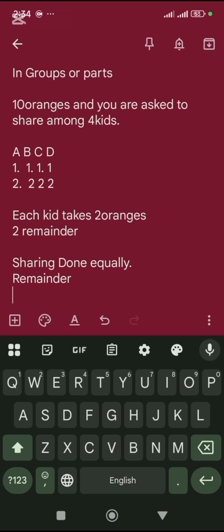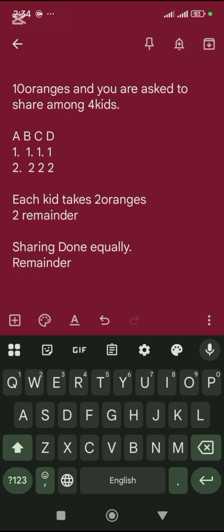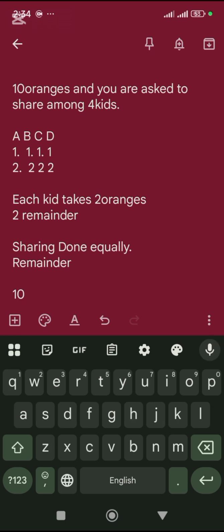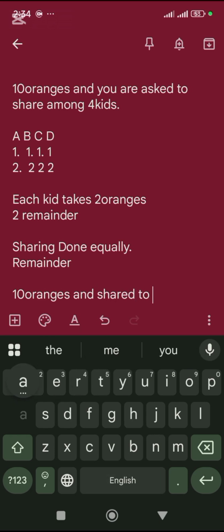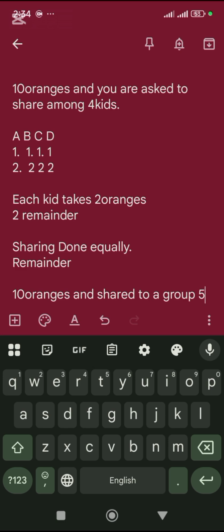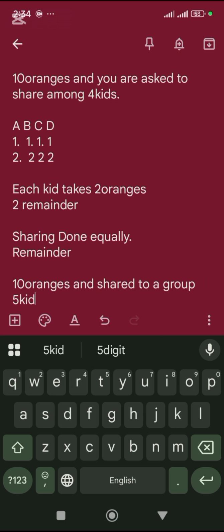And so we have cases where there are no remainders, where it's just equally distributed. Say you have the same 10 oranges, shared among a group of 5 kids.